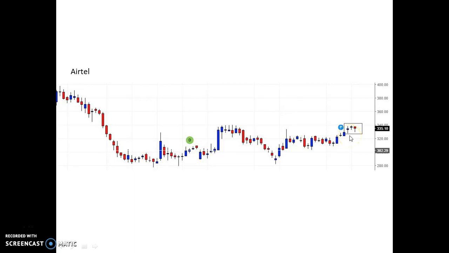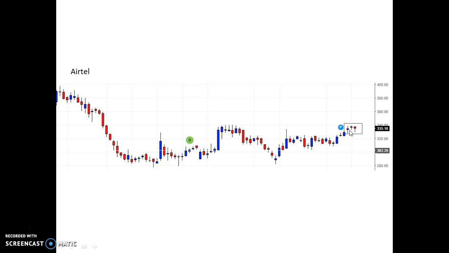The first candlestick is a large white or blue candlestick with a defined uptrend. The second bar is another blue candlestick with an opening price that has gapped above the close of the previous candlestick. Here it is in the form of a small candlestick.